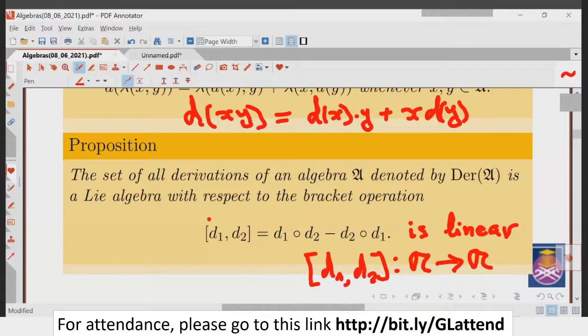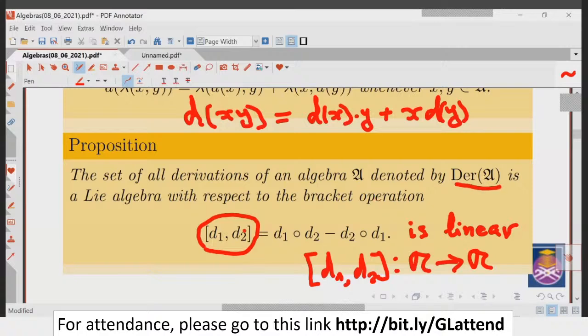The result: if you take the difference of compositions and denote it as the bracket [D1, D2], then with respect to this bracket, here A is an algebra.